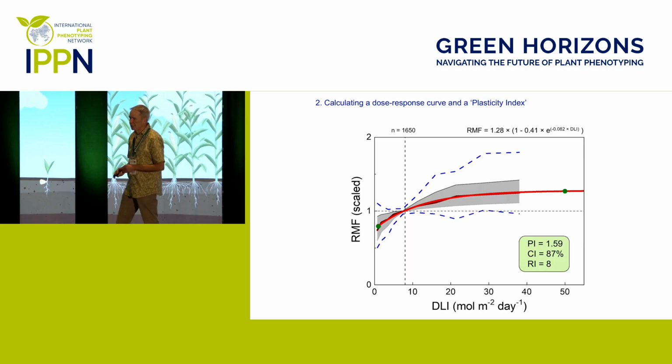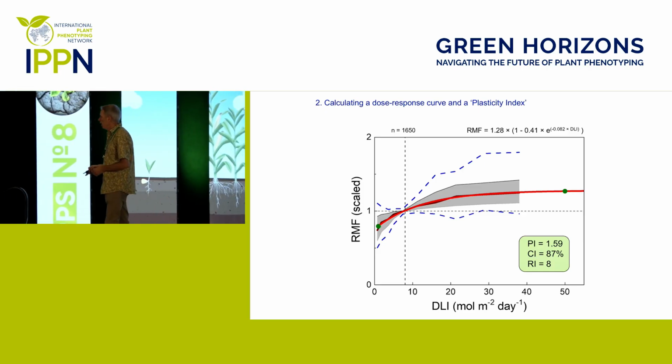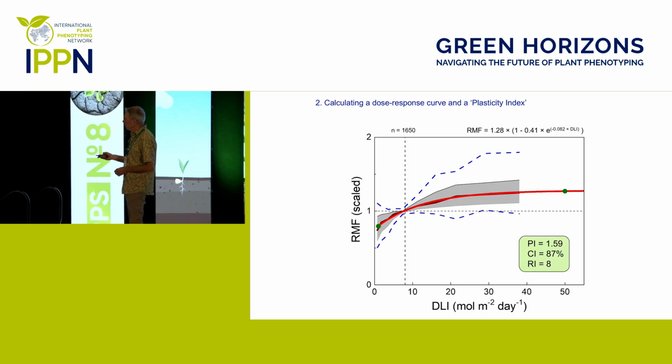I look at daily light integral rather than the photon flux density, because that's more relevant for growth. And I divide all the observations I have, so all the other levels that were included in the experiment, by the level at 8 moles per square meter per day. So I get a scaled value, which should be 1 at this scaling level of light intensity.